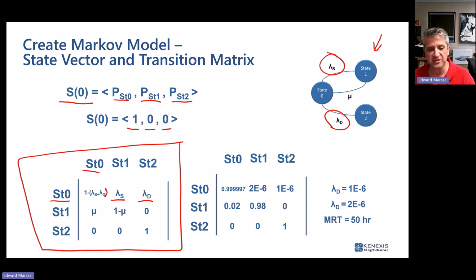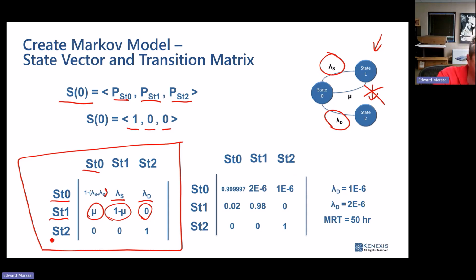Okay, we do the same thing for the other states. When I go to state 1, I can get to state 0 with a probability of mu. The probability that I could get from state 1 to state 2 doesn't exist, so that's going to be a 0. And the probability that I stay in state 1 is 1 minus the sum of all the other transitions, so now I'm back to 1 minus mu.